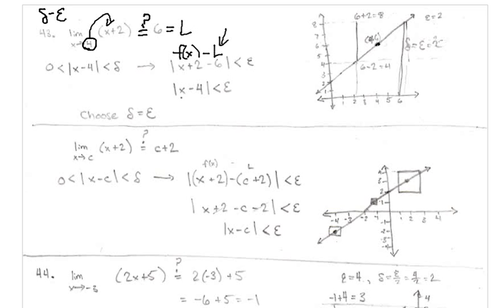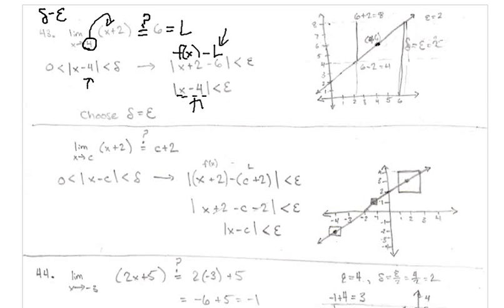So if I simplify this, I get the absolute value of x minus 4. Now, I have direct control over this, right? I can say how wide my box is. It turns out that the height of my function away from 6 is going to be exactly the width of my function away from 6 if I choose delta equal to epsilon.